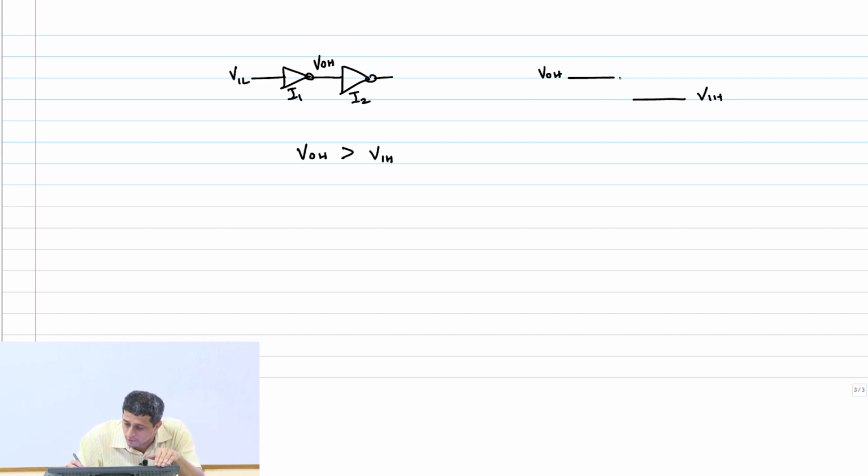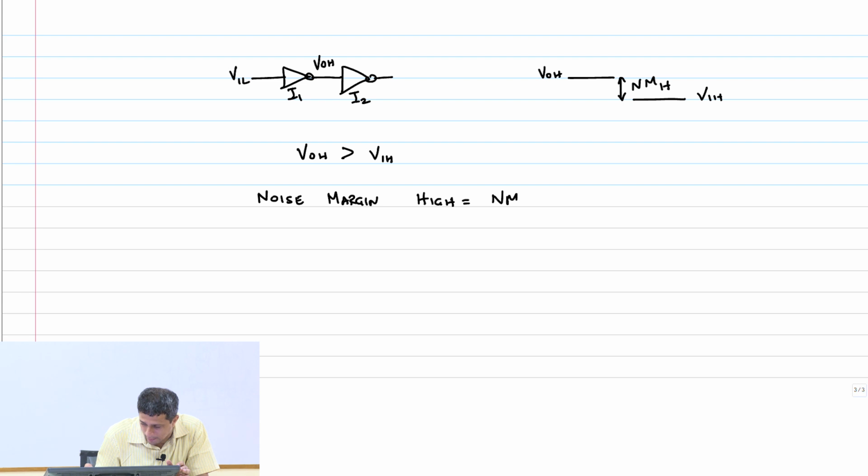That means I have this much room for noise to cause this voltage to come down. That much I can tolerate. Naturally, this is called the noise margin on the high side. So noise margin high, NMH, is VOH minus VIH.